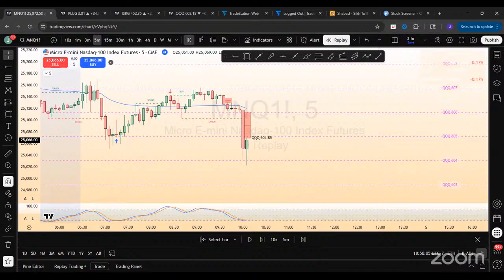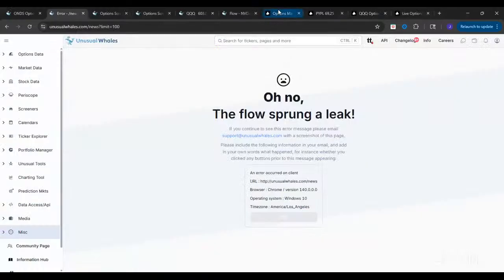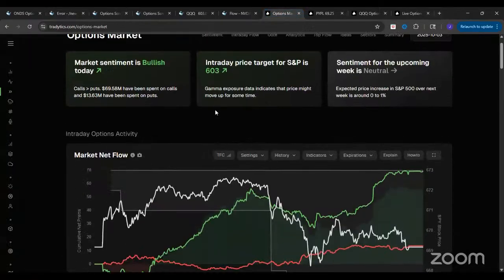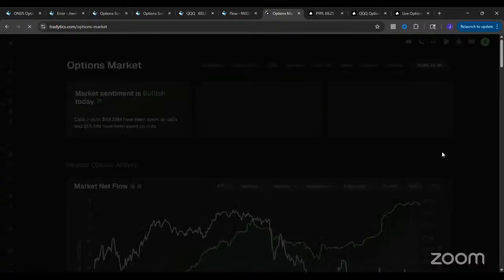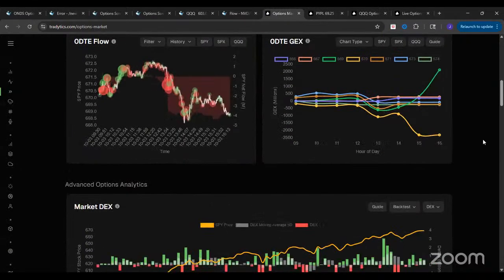Okay. So I use Traditix. Let me pull up that screen here. So I use Traditix, and this is the screen from Traditix.